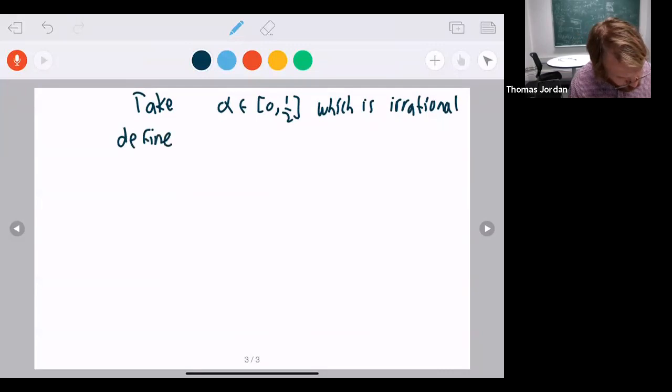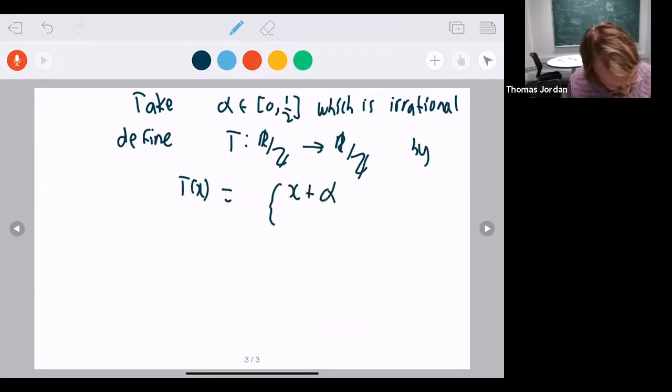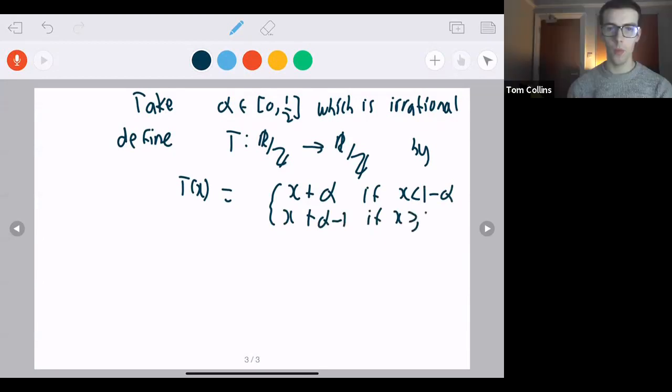And we're going to define our map T from the circle to itself by T(x) is equal to x plus alpha if x is smaller than 1 minus alpha, and it's going to be x plus alpha minus 1 if x is greater than or equal to 1 minus alpha.